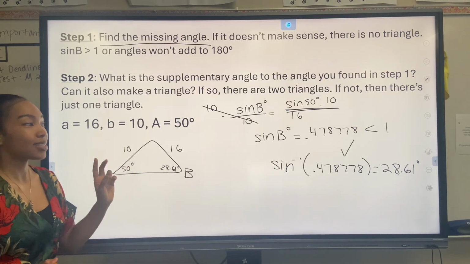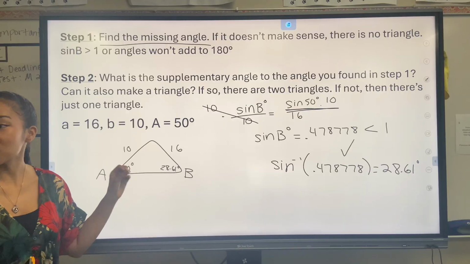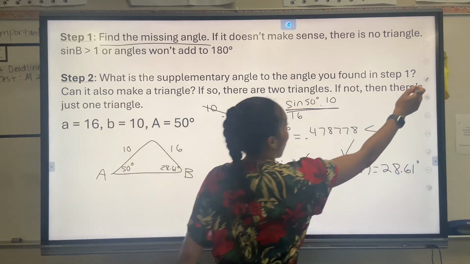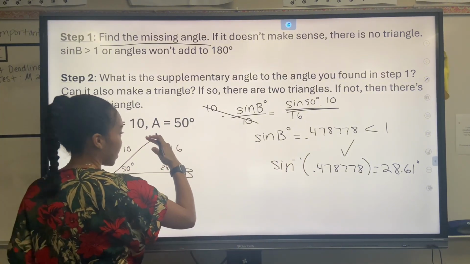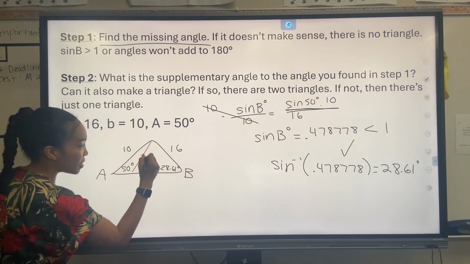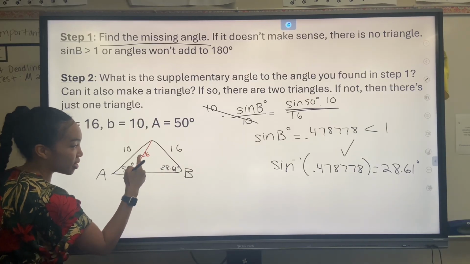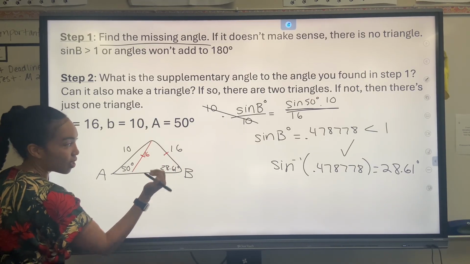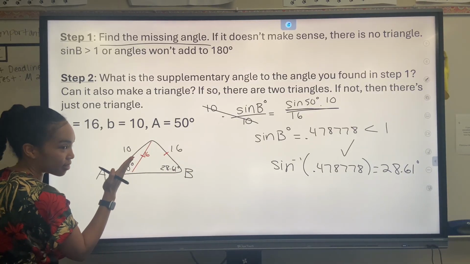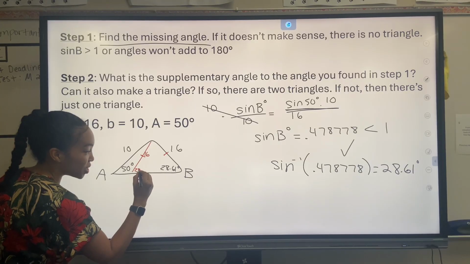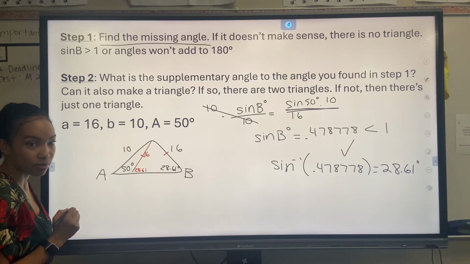So before I finish this, let's check and see if there's a second triangle in here. So guys, if I were to swing this 16 this way, that means this side is also 16. This creates an isosceles triangle. This is 16 and this is 16. This is 28.61 and this side is 28.61.